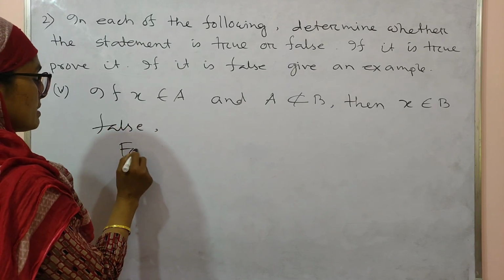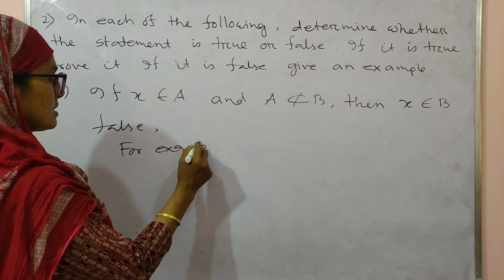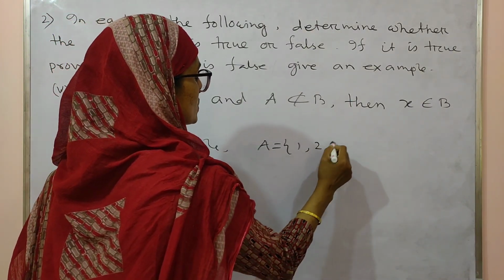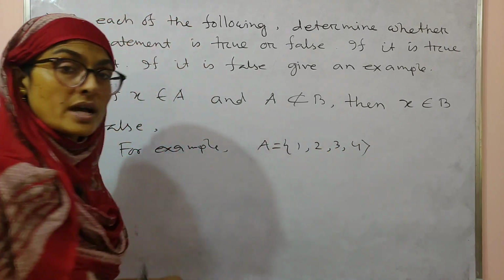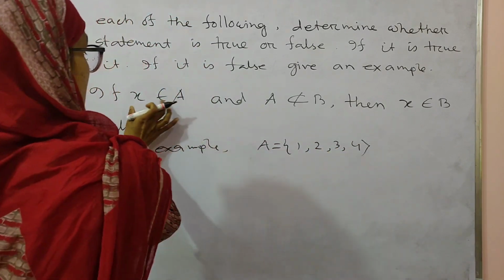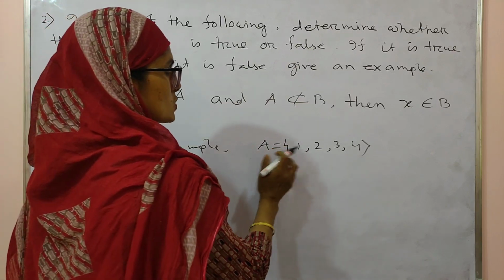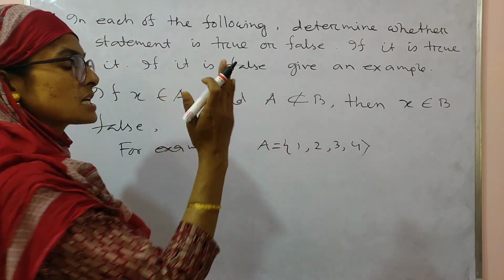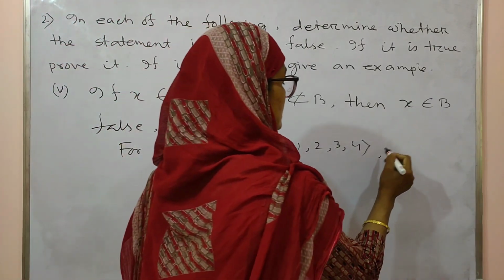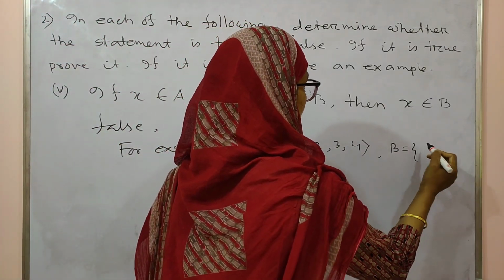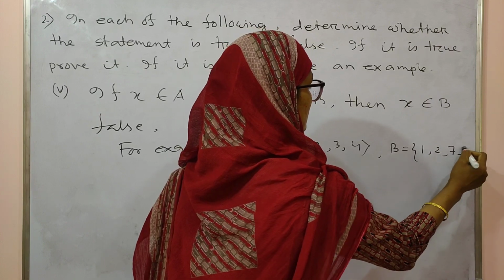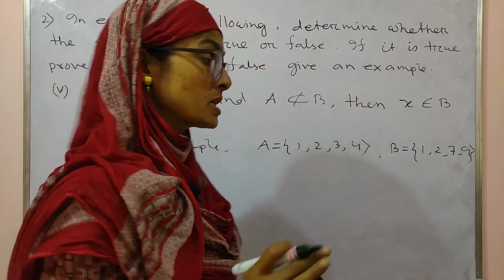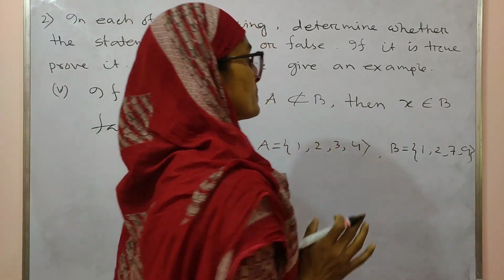For example, say A equal {1, 2, 3, 4}, so 1 belongs to A, 2 belongs to A, 3 belongs to A, 4 belongs to A. And say B equal {1, 2, 7, 9}. Then 3 does not belong to B, 4 does not belong to B. So A is not a subset of B.